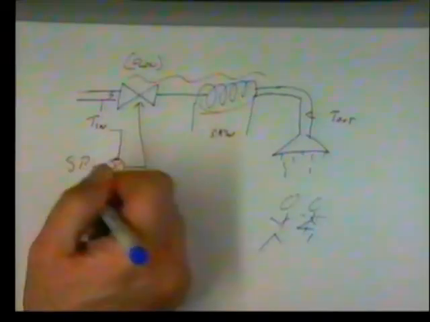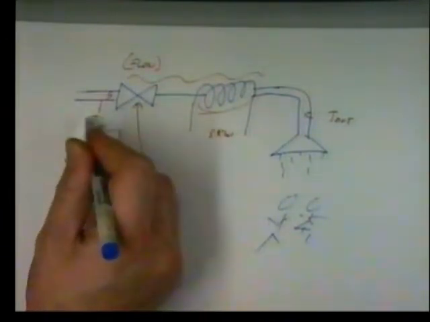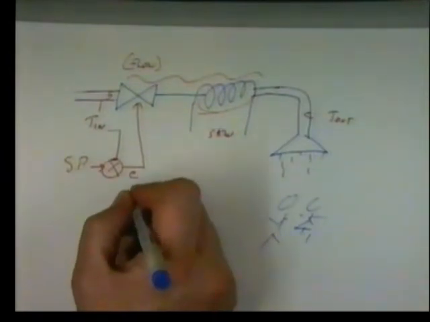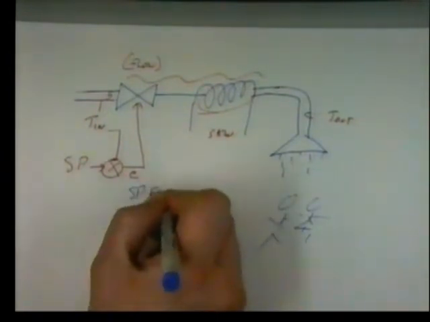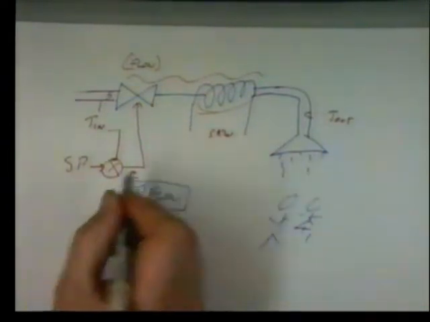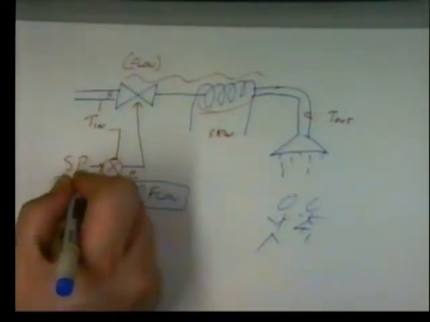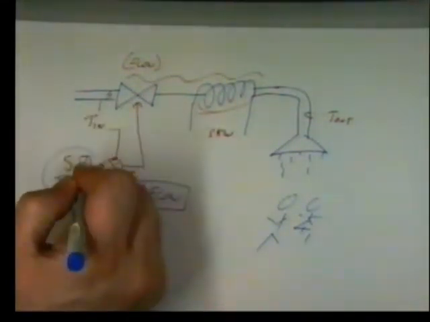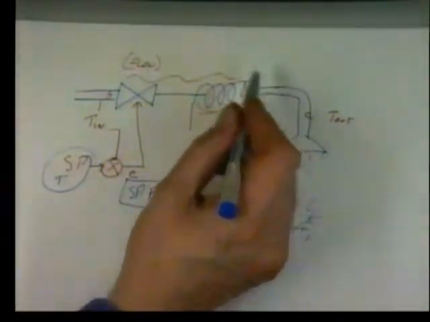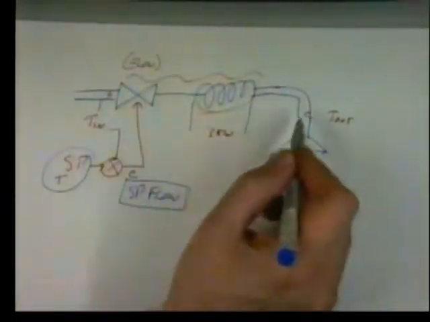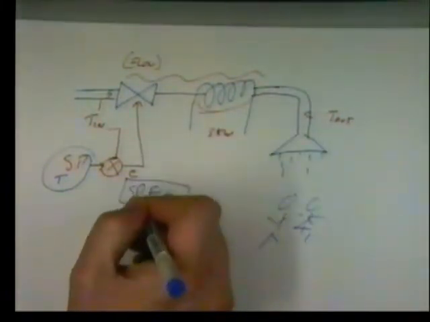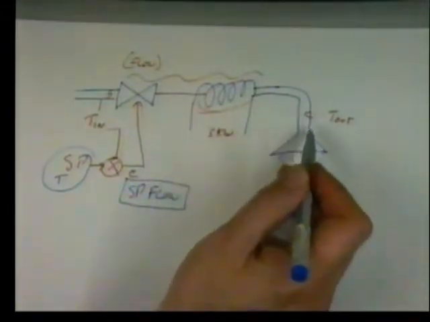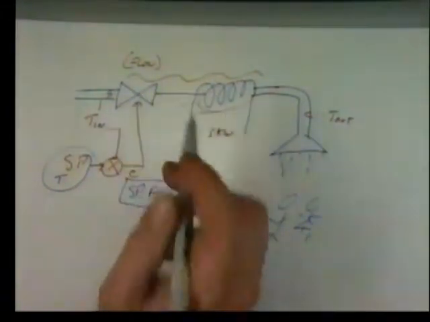So what we can do with this operation here, this predictive control, is that we can calculate a new set point for the flow. So we have a set point here for the temperature. That's what we want. We compare it to the input temperature, and using a mathematical model based on our knowledge of this structure, we calculate the desired flow rate that will give us this particular temperature, and then we open the valve to the correct amount.